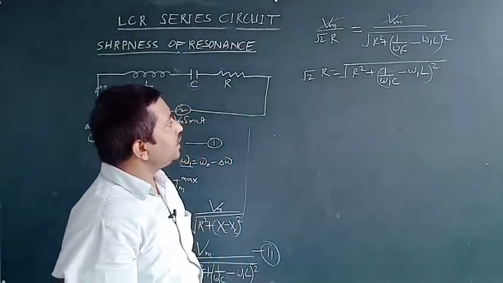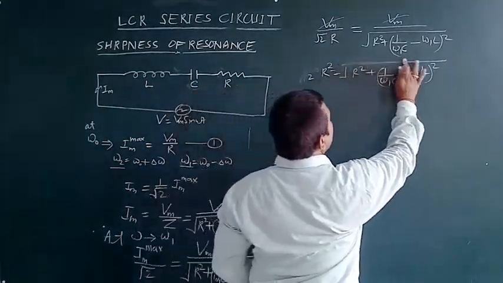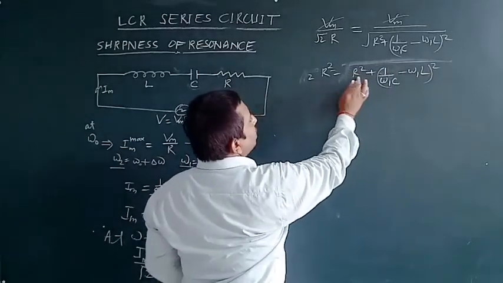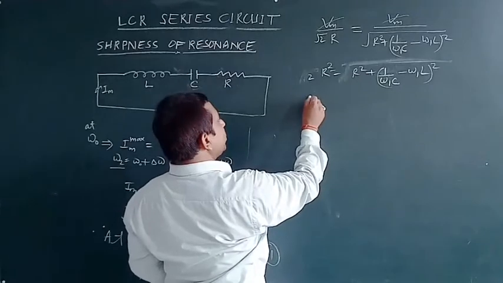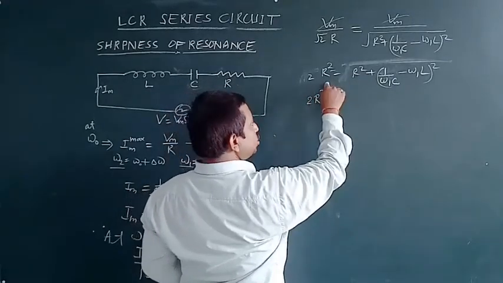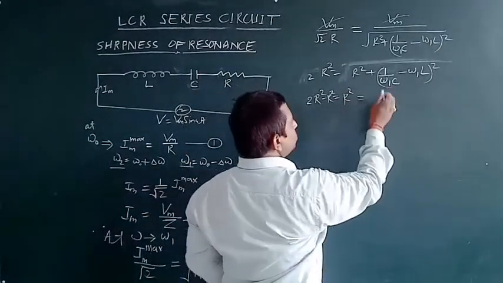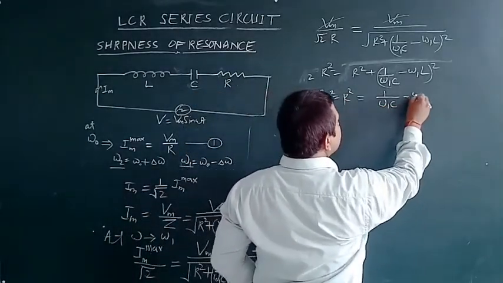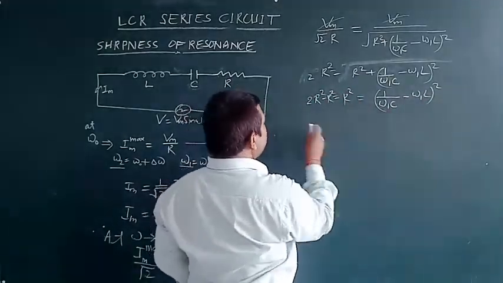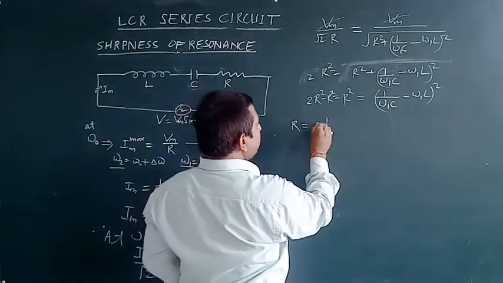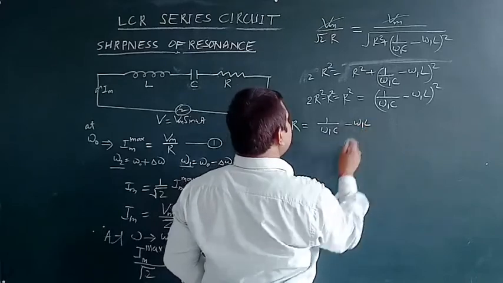So if we square both sides, then we get twice of R square is equal to R square plus this, and if you take this R square to this side, then we get 2R square minus R square. So this becomes R square. Okay, so R square is equal to (1 by omega 1 C minus omega 1 L) whole square. So taking root on both sides, we get R is equal to 1 upon omega 1 C minus omega 1 L.